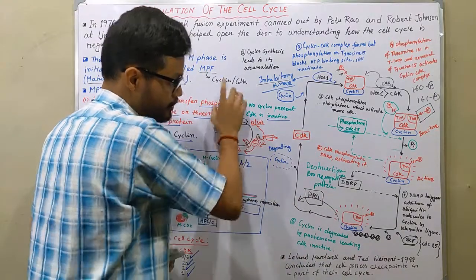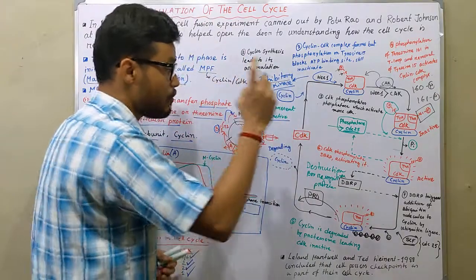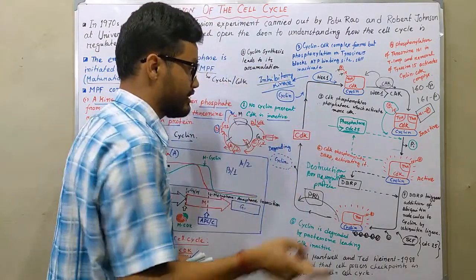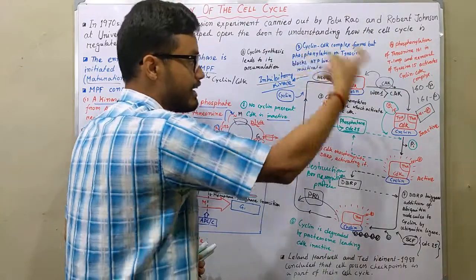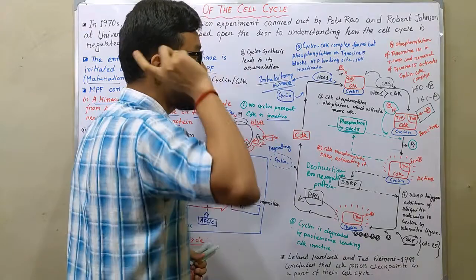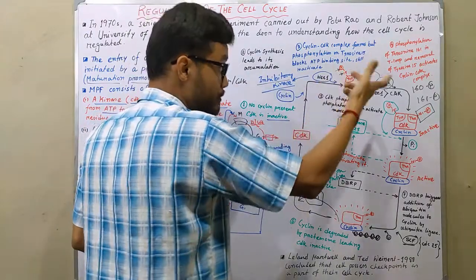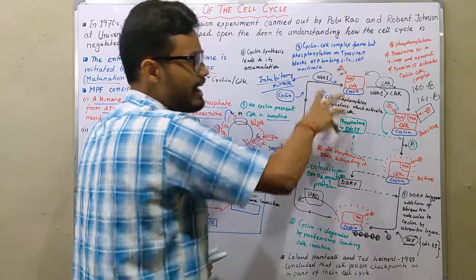How each of the restriction points works: when CDK is alone, CDK is inactive. When cyclin is present, CDK forms a complex with the cyclin. But here the inhibitory kinase Wee1 phosphorylates tyrosine residue 15 and it is still inactive.